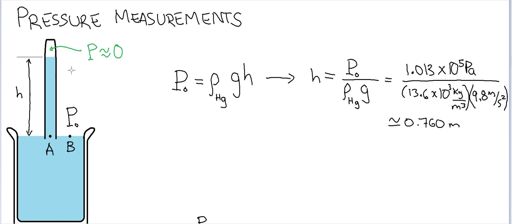And there's no plus P0 here because the region up here is largely evacuated. You just took a full graduated cylinder of mercury and turned it over into a beaker full of mercury. In that case, you can solve for h, the height of this column, and it's just going to be atmospheric pressure divided by the density of mercury and also divided by little g.